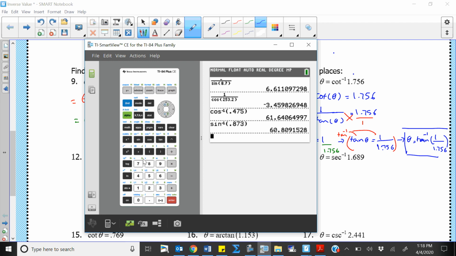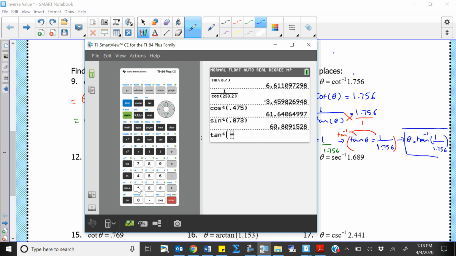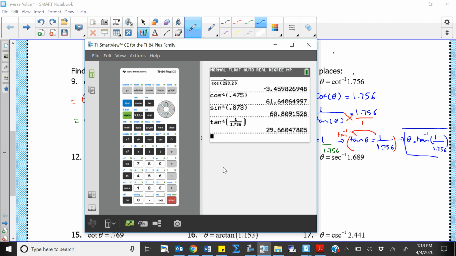Theta will be tangent negative 1 of fraction 1 over 1.756, and then close the parenthesis here, and that will be my answer, 29.66047.